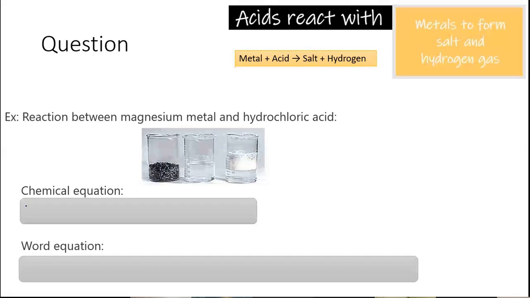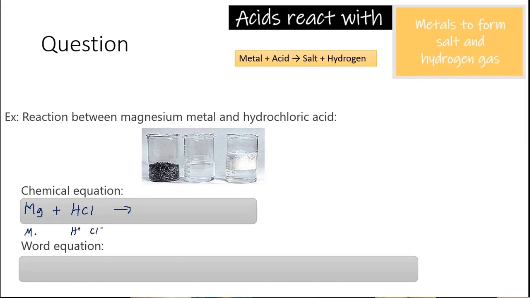What is the symbol of magnesium? Mg. Hydrochloric acid? HCl. Yes, HCl. Produces salt. What is the salt? Remember, HCl separates into a positive hydrogen ion and Cl minus.